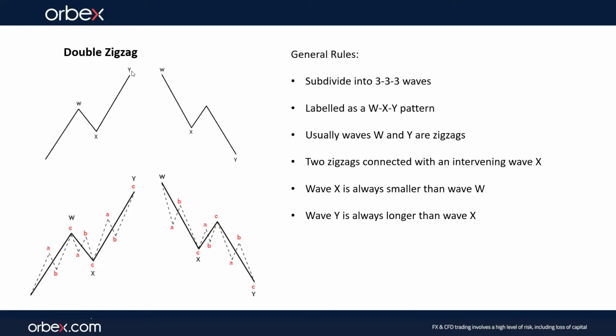And wave Y, the final one, is always longer than wave X as well. So basically the intervening wave X, which connects these 2 waves, W and Y, is always smaller. And it's just basically a connection. Doesn't really mean too much because we've got the first zigzag, ABC, and then we've got the next zigzag as well, ABC. So these are the general rules for double zigzags as well.